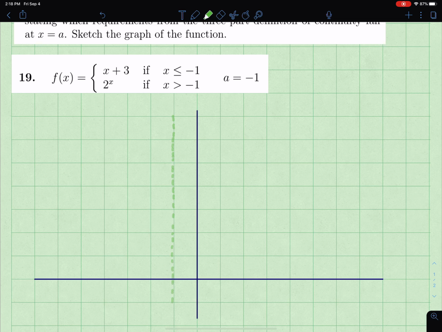That's not a vertical asymptote, but does it hurt to have that there? Maybe.